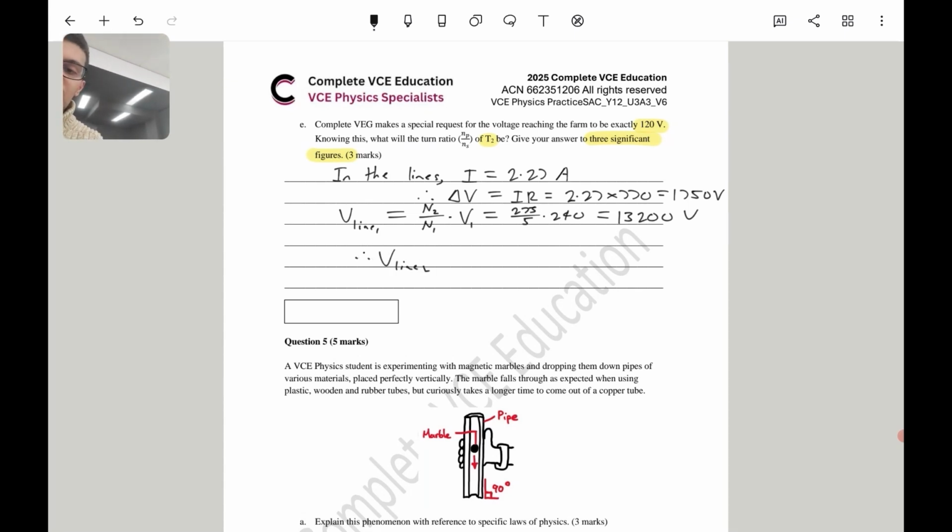Now afterwards, we can figure out V line 2. So how much voltage is left over for the electricity after this voltage drop?